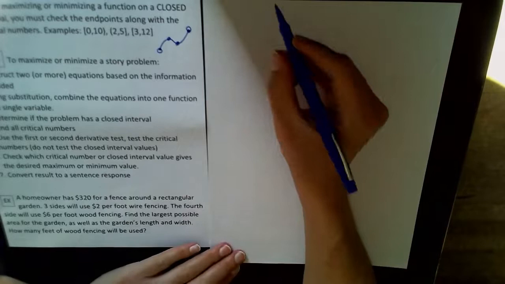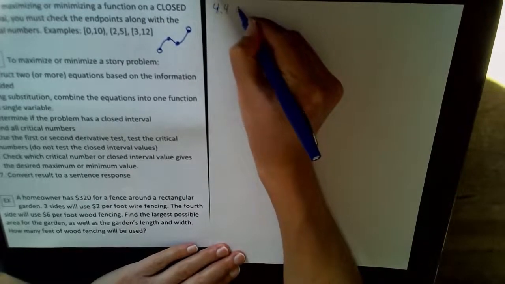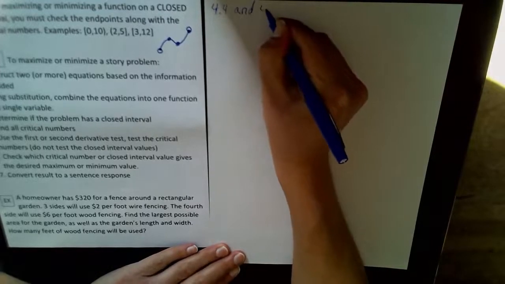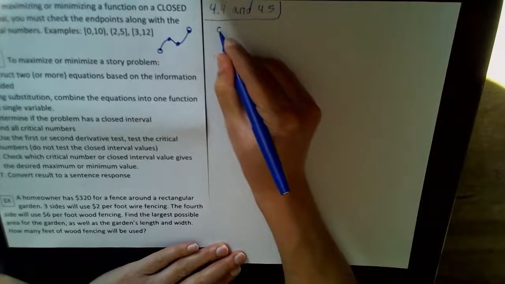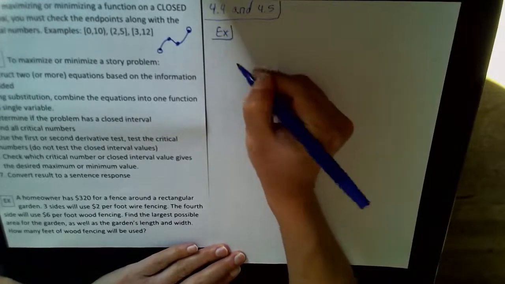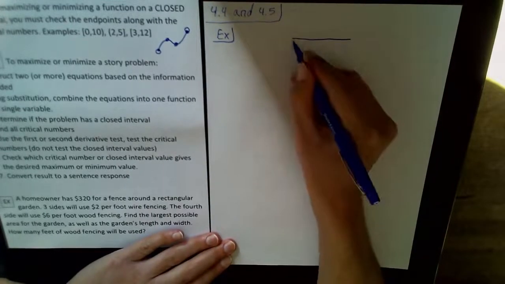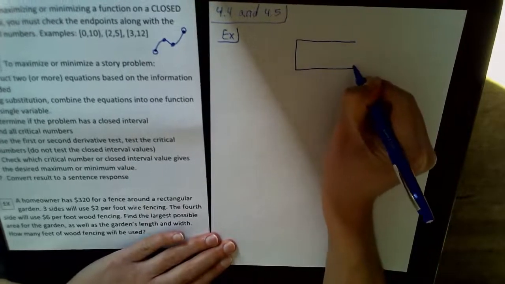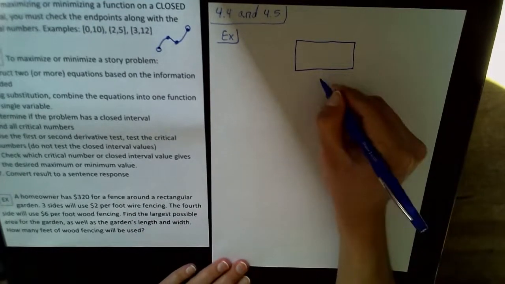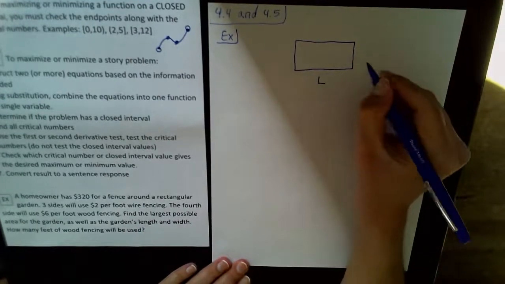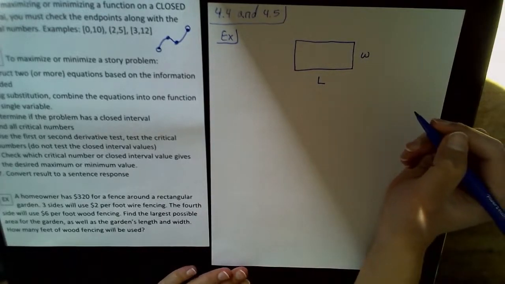So the first thing that we should note here is that we are working with a rectangular garden. Because we have a rectangular garden, we have a way to calculate the area. If we were to draw out what this garden looks like, we know that we're dealing with some length and some width for this garden.